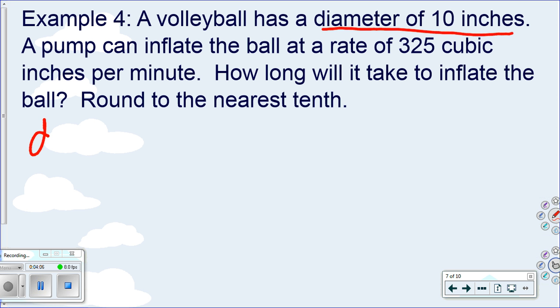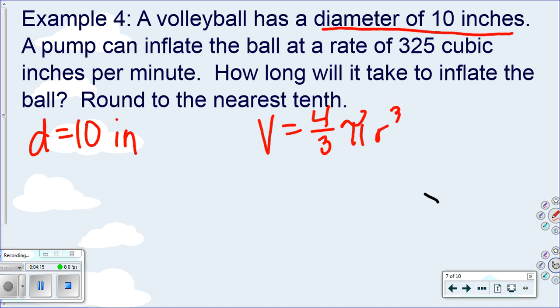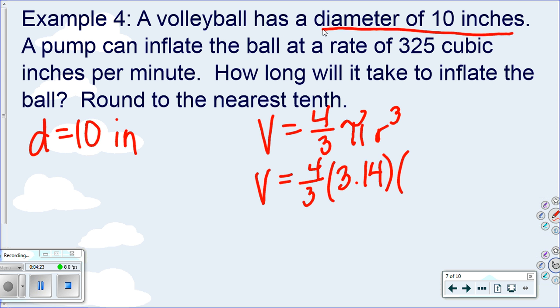It has a diameter of 10 inches. I know I'm finding volume of a sphere, so I'm going to use this formula. And I'm going to substitute and solve. 4/3 times 3.14 times, what's my radius? Good, my radius is half of the diameter, so 5 cubed.